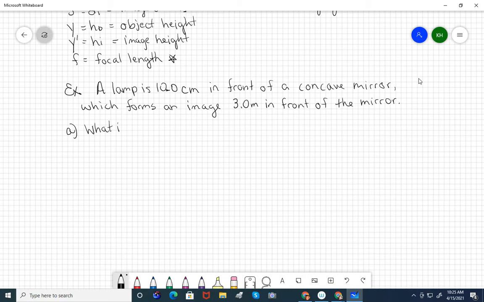What is the radius of curvature? If the lamp filament is 5 millimeters tall, how tall is the image?